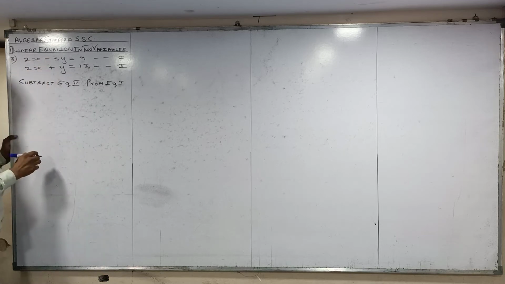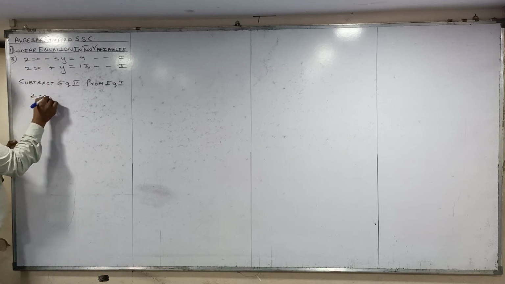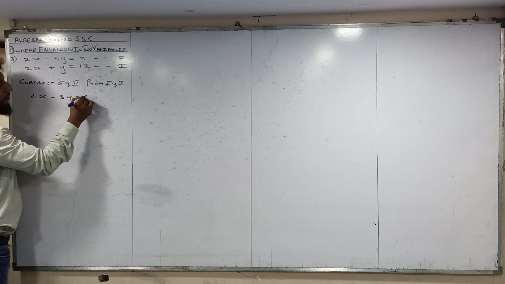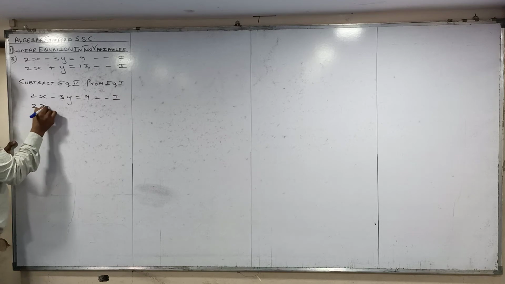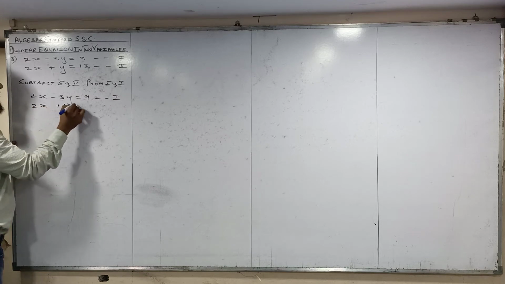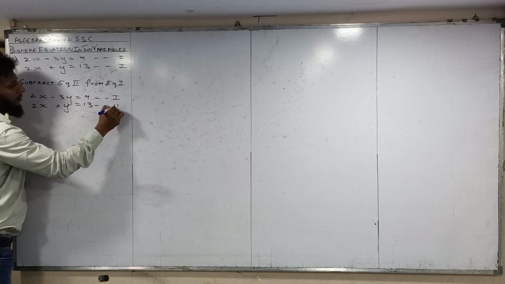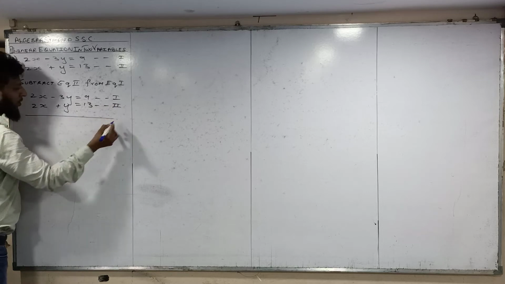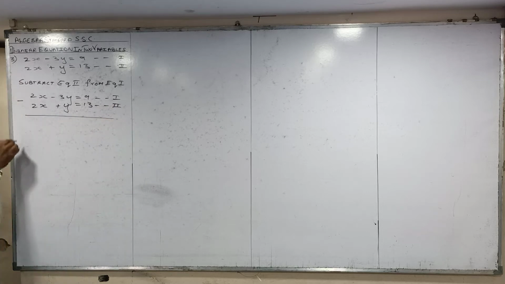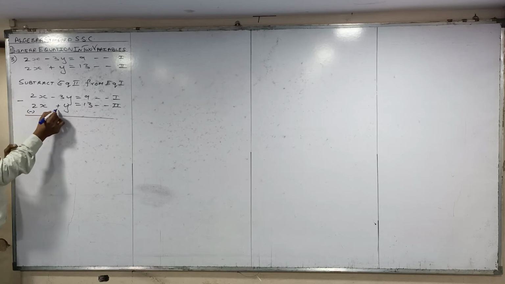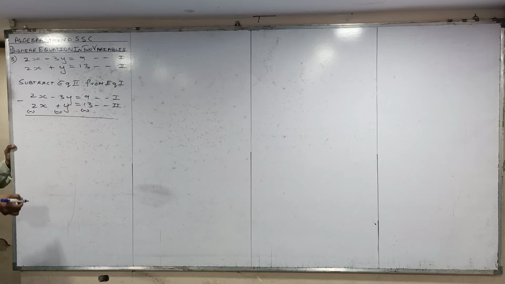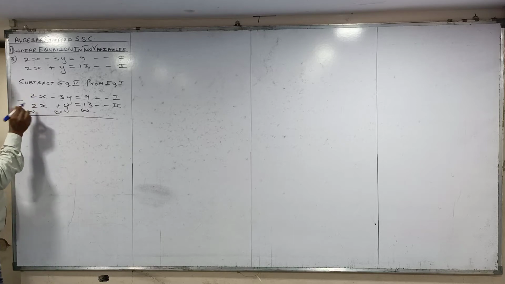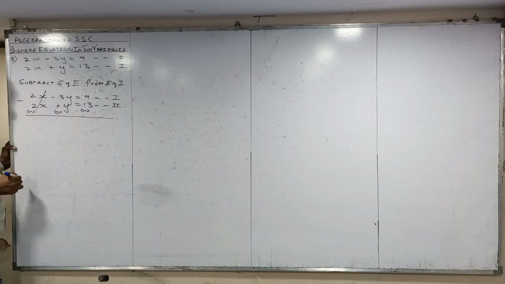Now 2x minus 3y is equal to 9, equation 1, and 2x plus y is equal to 13, equation 2. Now we are subtracting, so we have to change the sign. Plus 2x will become minus 2x, plus y will become minus y, plus 13 will become minus 13. So 2x and minus 2x cancel.